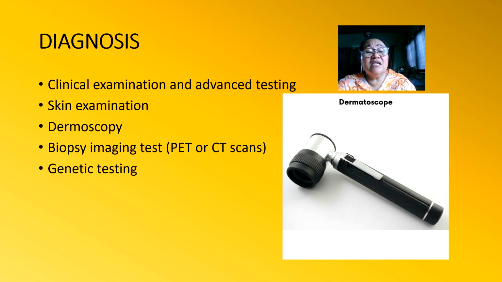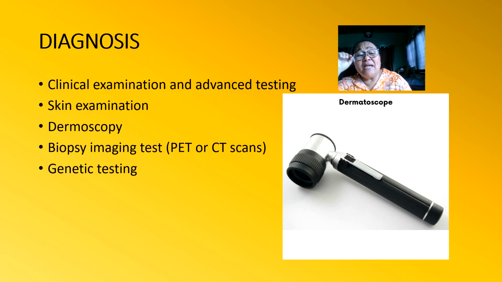So number three is biopsy. If a lesion appears suspicious, a skin biopsy is performed by removing all or part of the lesion for microscopic examination. Remember that a biopsy is the gold standard for confirming a diagnosis of melanoma. The next is the imaging test.